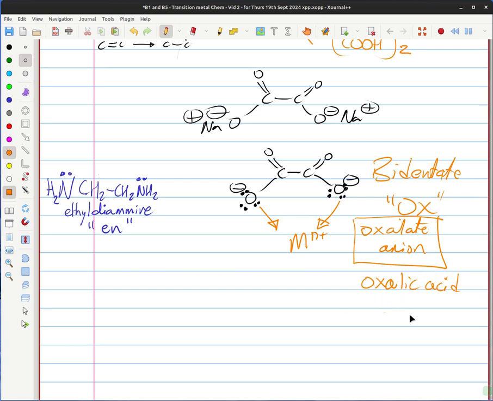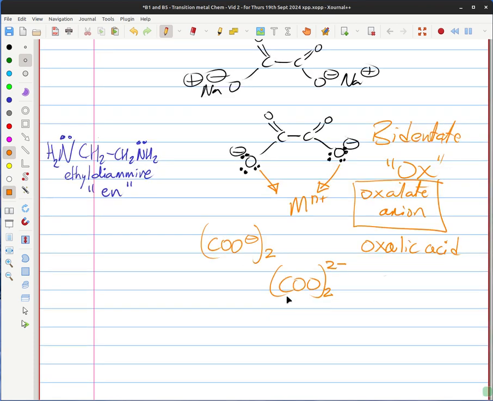It still kind of does today, but not as bad as before. So this is just the oxygen version of that. But it is charged, okay? So we have COO minus twice, or another way that's written, COO twice 2 minus, which is a horrible way of representing it. It looks even more confusing than before, but you'll often see these different ways of describing it. So ox is also a very powerful ligand.